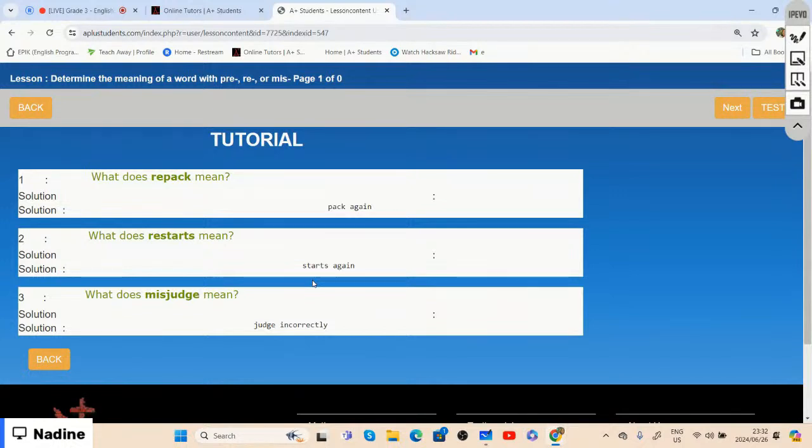We said that re means again. So re means again, and then we have pre. Pre means before. And then we have the word miss.